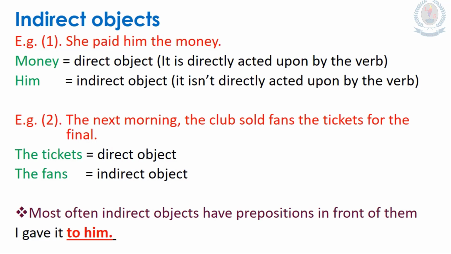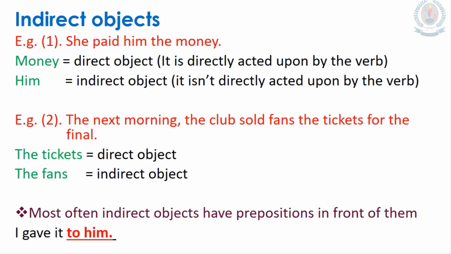Indirect objects. What are indirect objects? Let's see with these examples, then you will understand better. First one, she paid him the money. Here, when we go to the verb paid, we can ask a question. Paid what?